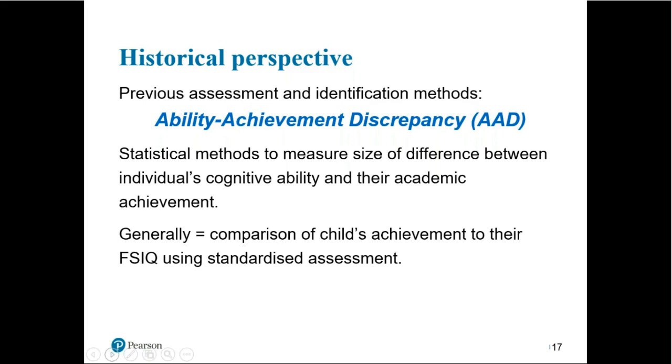The ability achievement discrepancy method uses a statistical method to measure the size of the difference between an individual's cognitive ability and their academic achievement. Generally, we typically took the child's full-scale IQ, broadly speaking, in a standardised test like the WISC-V, and we compared it to a measure of academic achievement like the WIAT-III, for example.